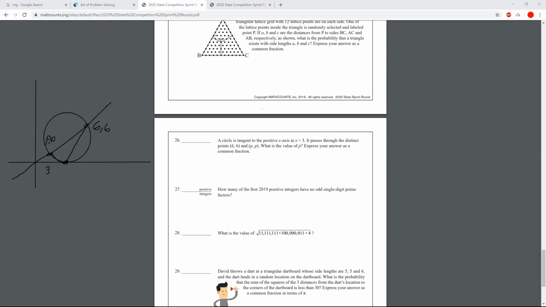Oh wait, I forgot I have a line drawing. That's gonna be useful. Dang, I should have used that a long time ago. All right, so something like that.